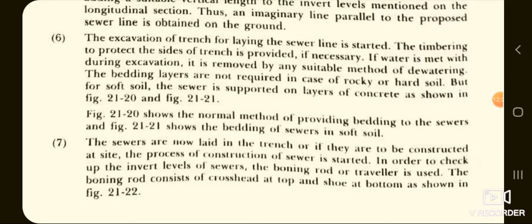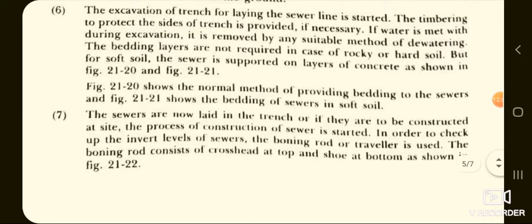The excavation of trench for laying the sewer line is started. The timbering to protect the sides of trench is provided if necessary. If water is met with during excavation, it is removed by any suitable method of dewatering.